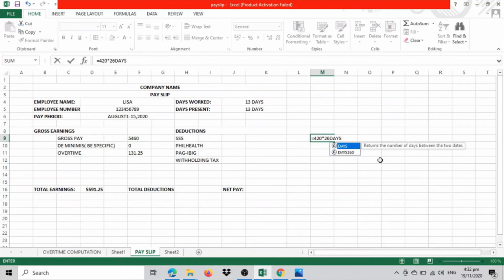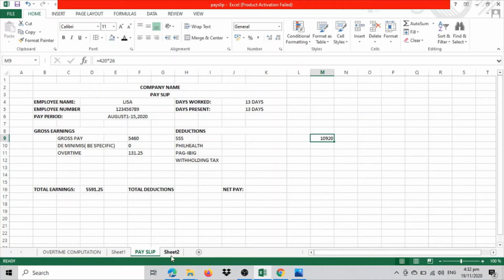Simply because she will only work 26 days for every month because she has rest day during Sundays. Okay? So, based on our computation, she will receive 10,920 pesos for every month. So that's her monthly wage.